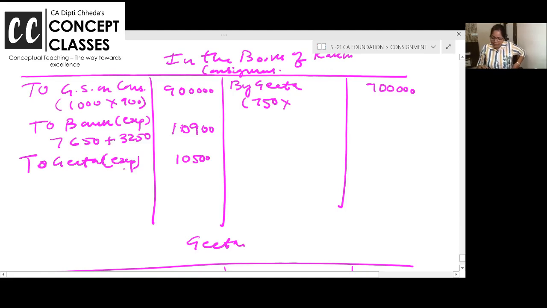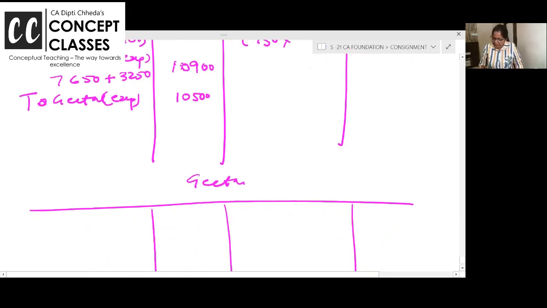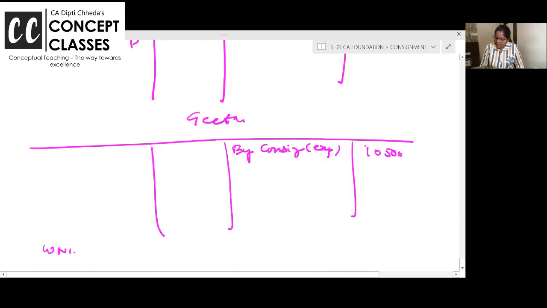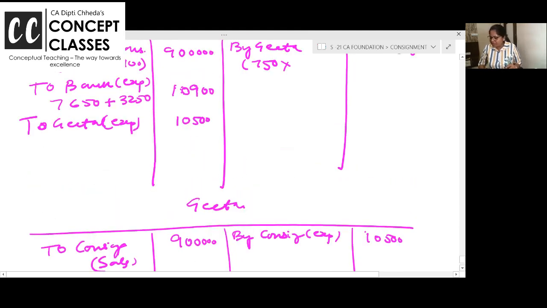My expense I am writing expense to bank. Geeta's expense I'll write here. By consignment bracket mein expense 10,500. And this side Geeta account debit to consignment sales, and party has incurred 10,500 expense which I should reimburse to Geeta.